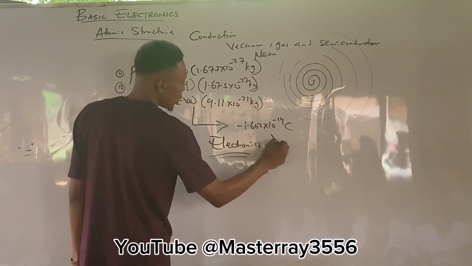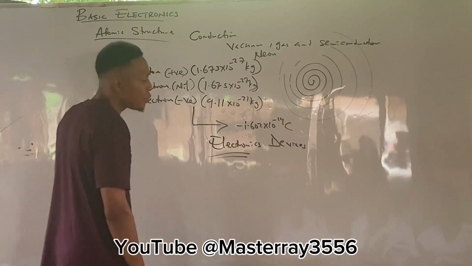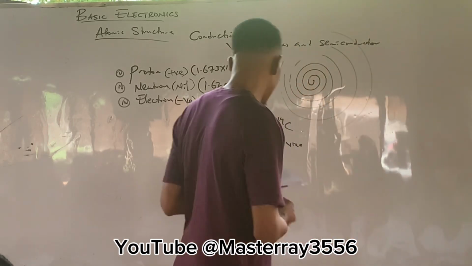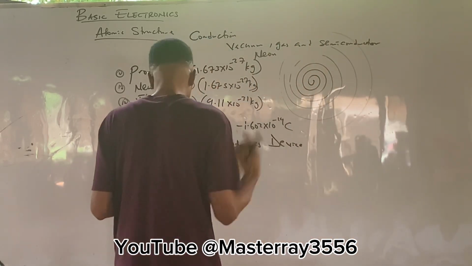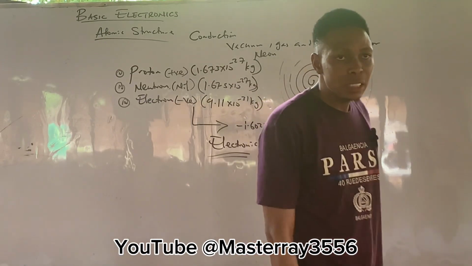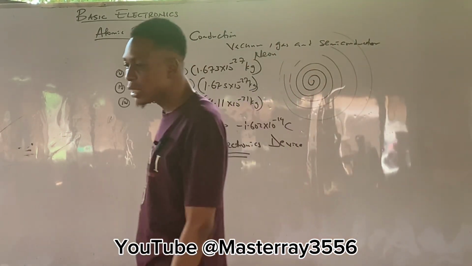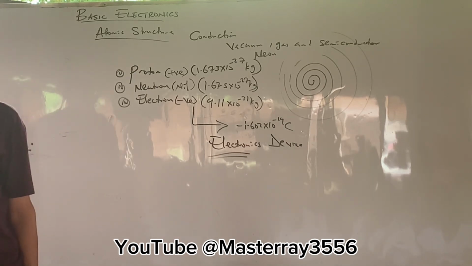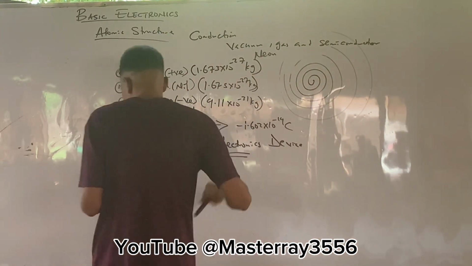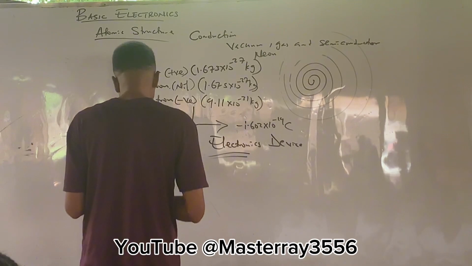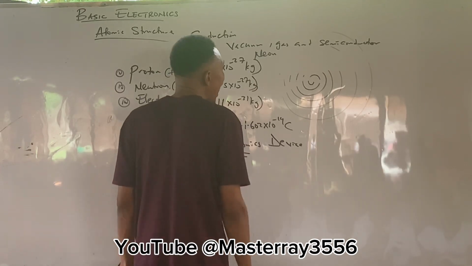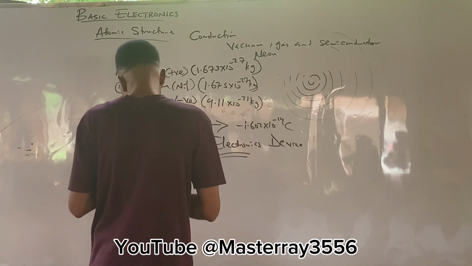That's an electronic device. This is a device in which current flows through a vacuum, comma, gas and semiconductor material.